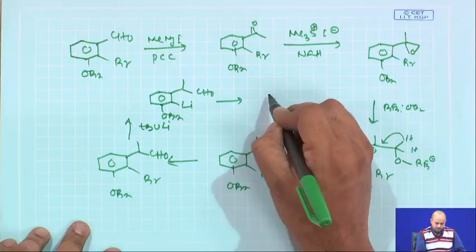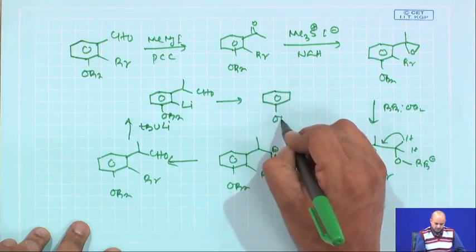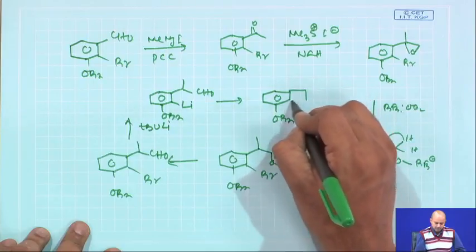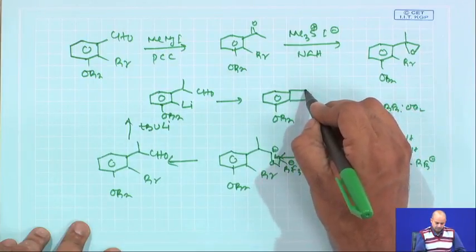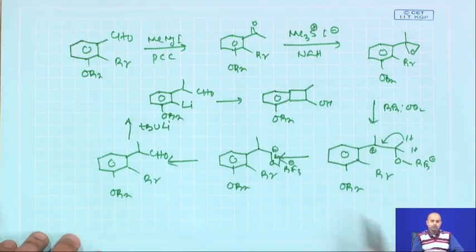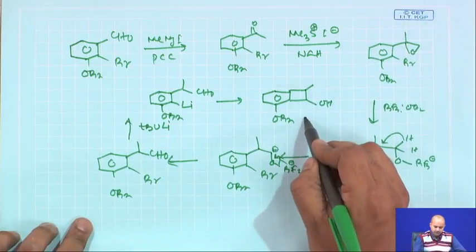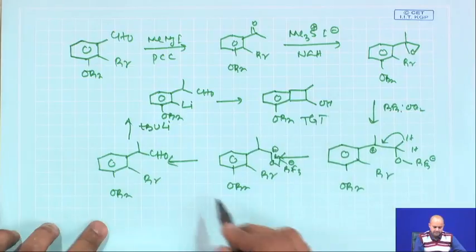It will immediately undergo an intramolecular nucleophilic reaction with the aldehyde, and then you get this cyclobutane derivative, benzocyclobutane derivative. So, in this way your target molecule can be easily achieved.